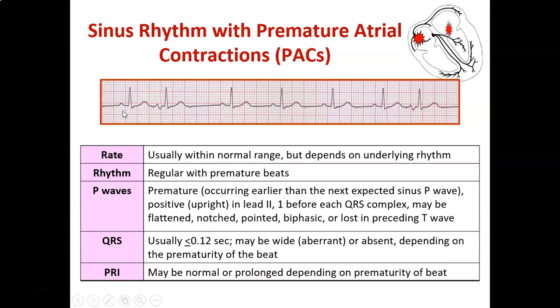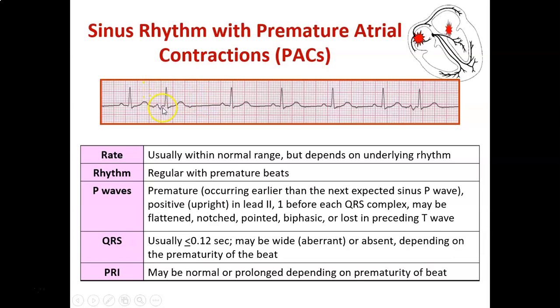So the SA node, as I mentioned earlier, is the father in the family, so it controls the electrical events. But in between, complex number 2 is fired by this naughty child, this ectopic focus. But the father is strong enough, the SA node takes over, and then it keeps on sending its own current. In between, at complex number 7, again this ectopic focus fires.